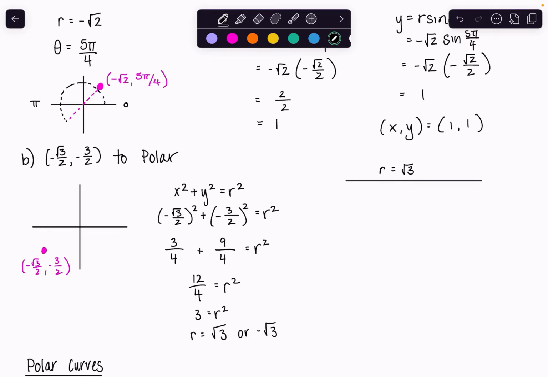Okay. So in that case, my theta value would land me exactly here. So theta should be something between 180 degrees and 270. And I know tangent of theta is going to be y over x. My y value is negative 3/2. My x value is negative root 3 over 2.